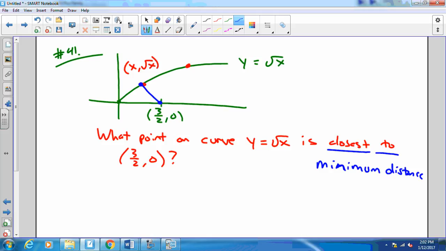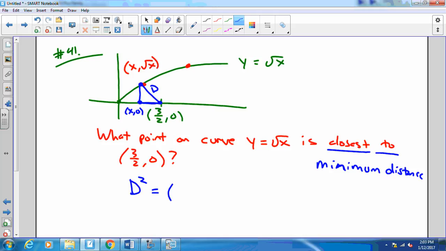Now, do you remember the distance formula? Vaguely. Do you remember the Pythagorean theorem? Well, the distance formula is just the Pythagorean theorem. If I go down to this point right here, this point has coordinates x comma 0. And so this leg right here is going to be x minus 3/2, or 3/2 minus x. And this leg right here is going to be root x minus 0.